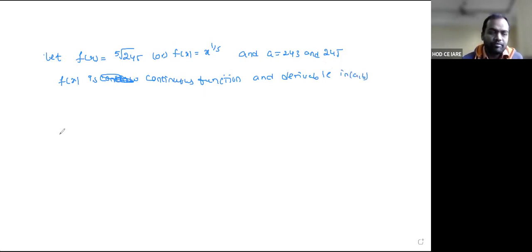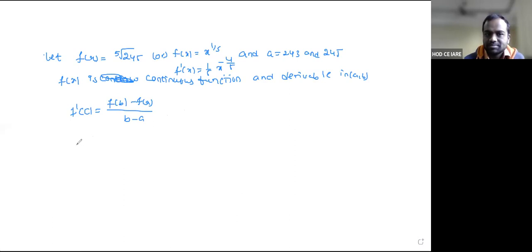So by Lagrange's mean value theorem, f dash of c is equal to f of b minus f of a by b minus a. Here f of x is equal to x to the power of 1/5, and f dash of x is 1/5 x to the power of 1/5 minus 1, which is minus 4/5, so x to the power of minus 4/5.